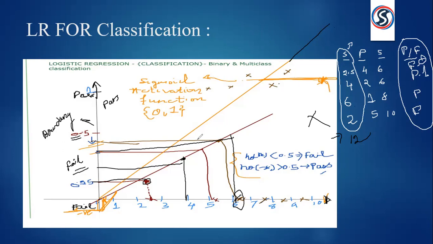So basically, what are the limitations? Linear regression is completely based on continuous variables, but classification is based on probabilistic scenarios. So linear regression can't work with probabilistic scenarios, and this is where the problem occurs.